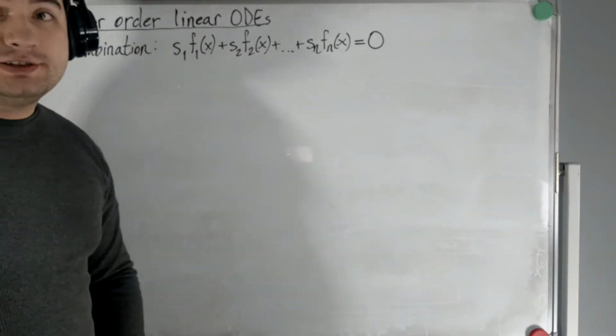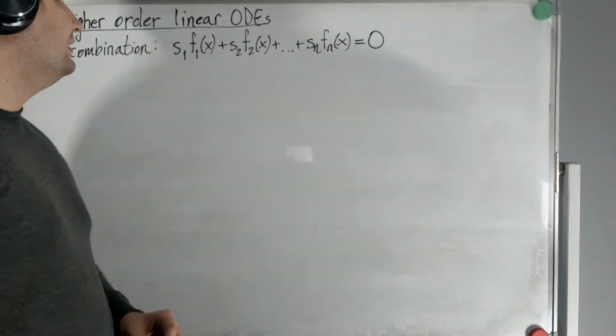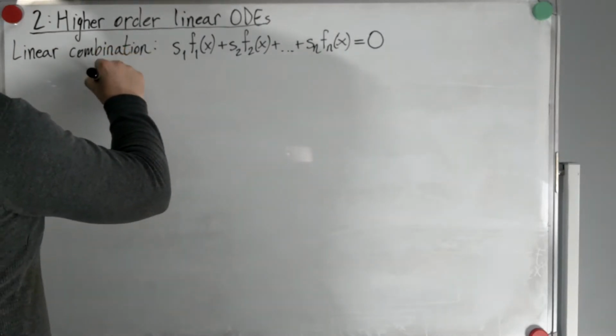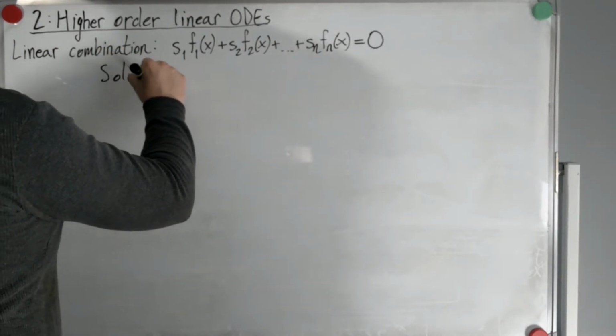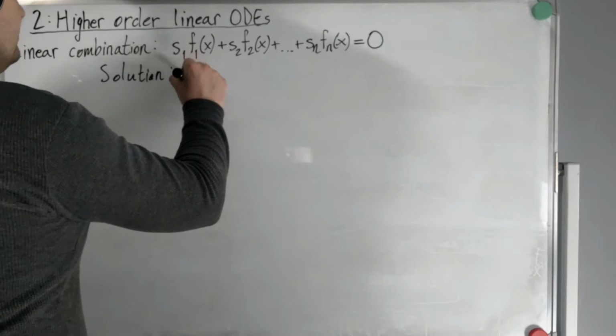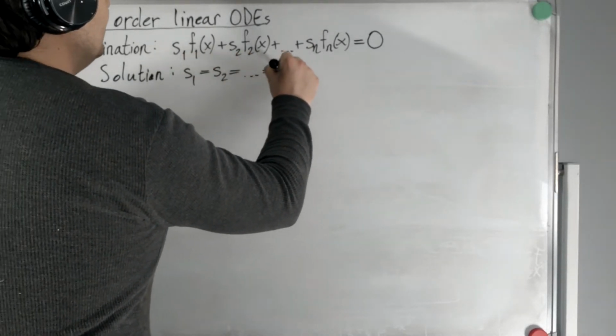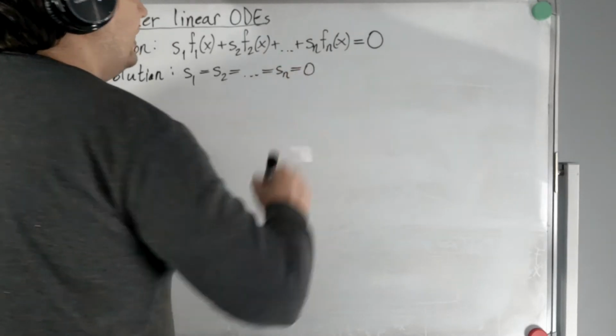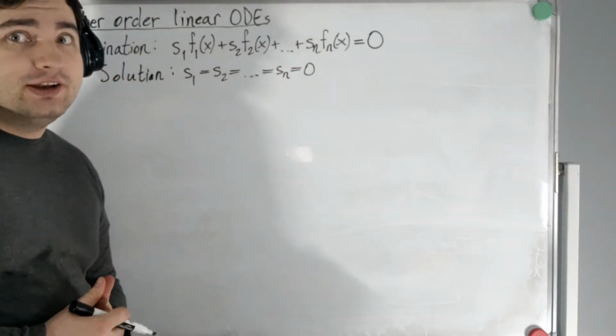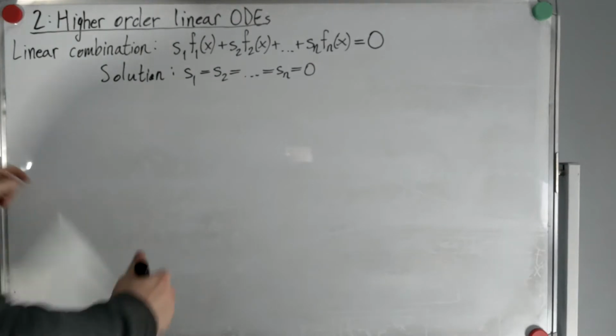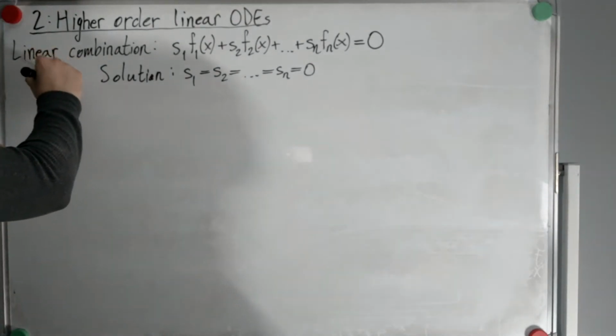Well, the answer is yes. If you just make s1 and s2 and ... and sn all equal to 0, then certainly that equation is satisfied. That's what we call the trivial solution.